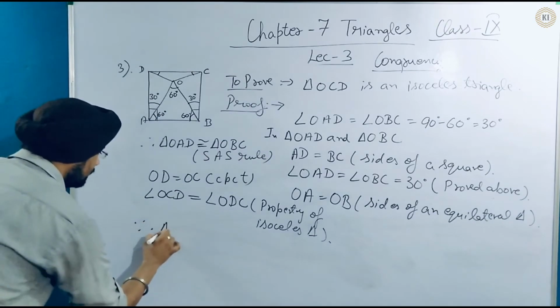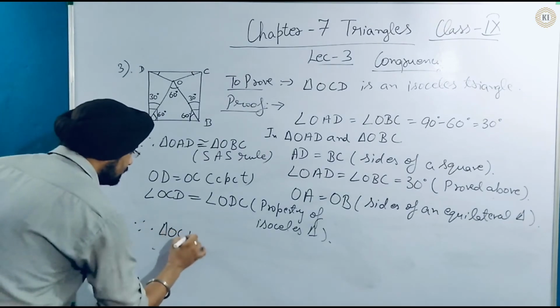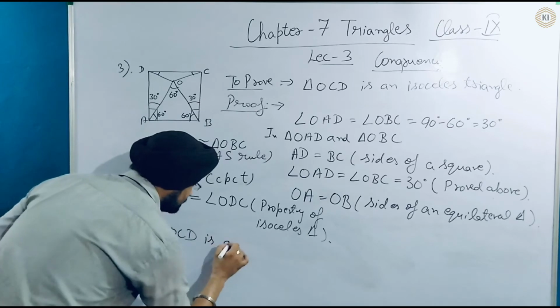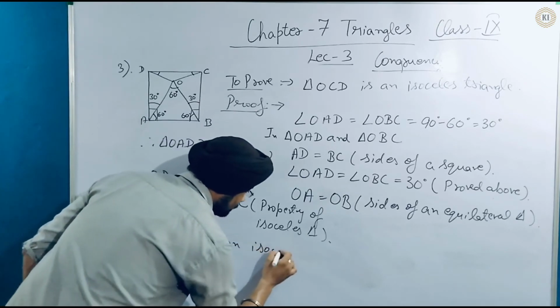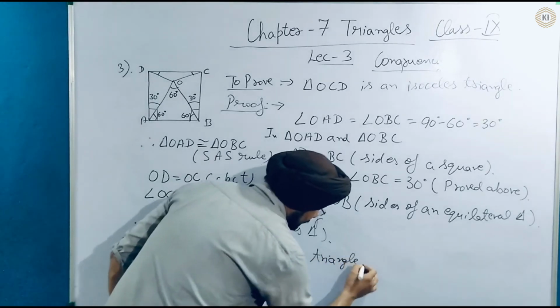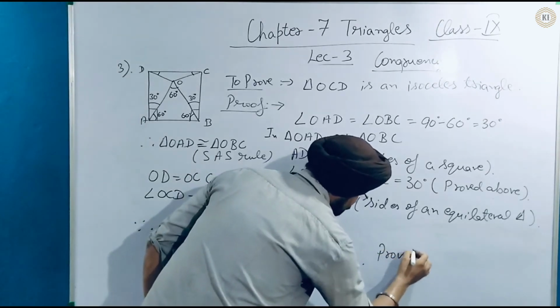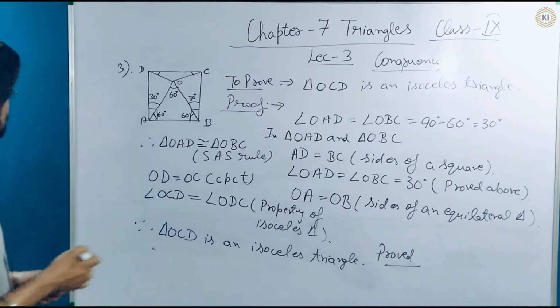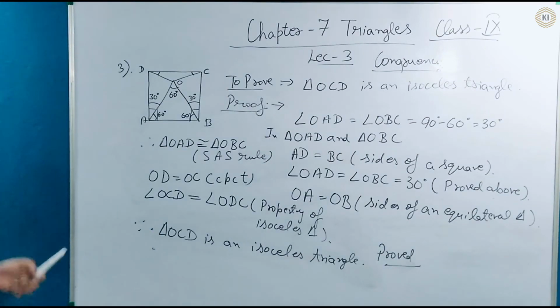Therefore triangle OCD is an isosceles triangle. Hence proved. So this is the proof of question number 3.